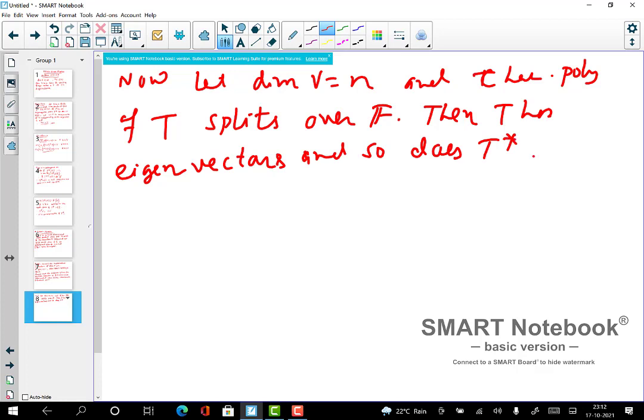So T star also has an eigenvector, right? Without loss of generality, I am assuming that T star has an eigenvector with norm 1.